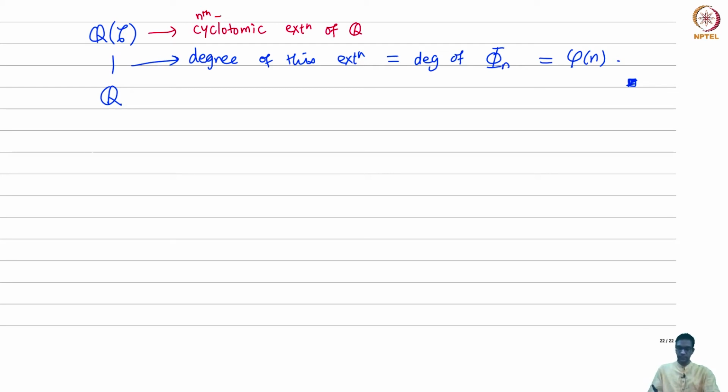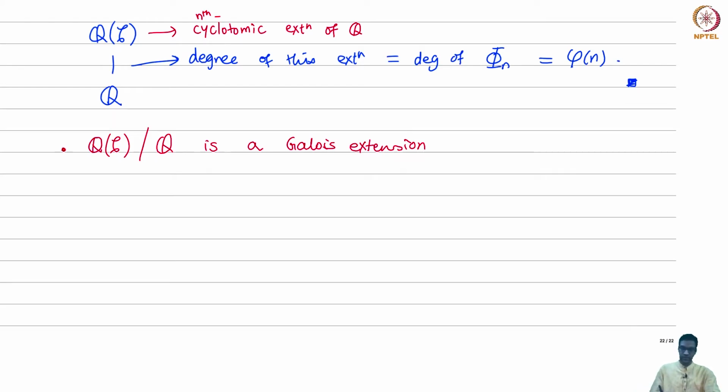We have already said that Q(zeta) over Q is a Galois extension. It is normal because it's just the splitting field of the polynomial x^n minus 1, and it's separable because Q has characteristic 0.